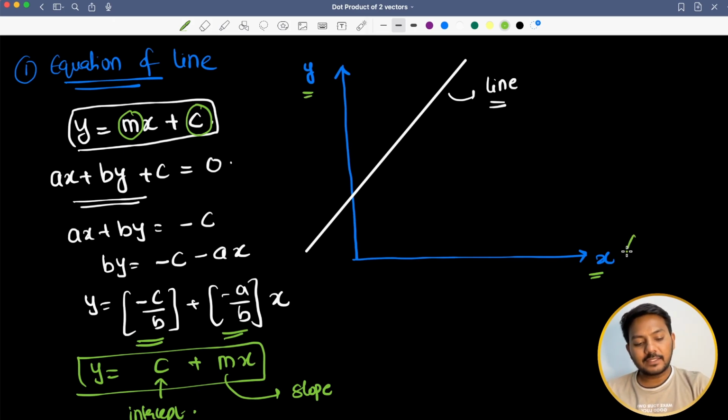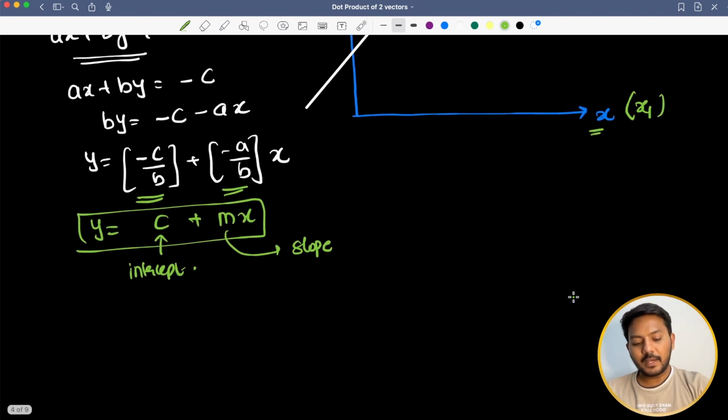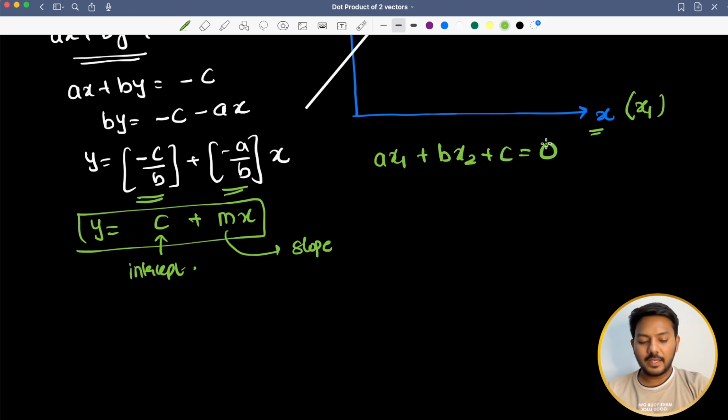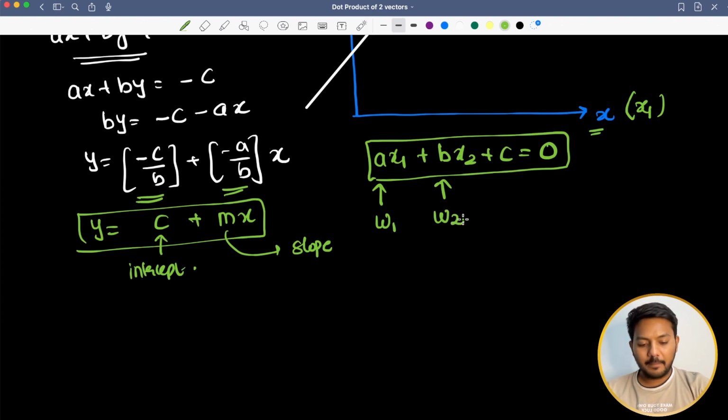Because we have axes x and y, we have y equal to mx plus c. What if I have axes as x1 and x2? I can rename the axes, right? So this equation will become ax1 plus bx2 plus c equal to 0. Is that clear? And I can change this a and b with w1 and w2. Both of these are parameters, and we call the constant w0.